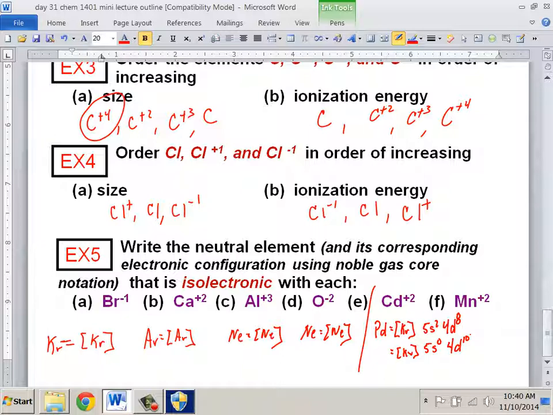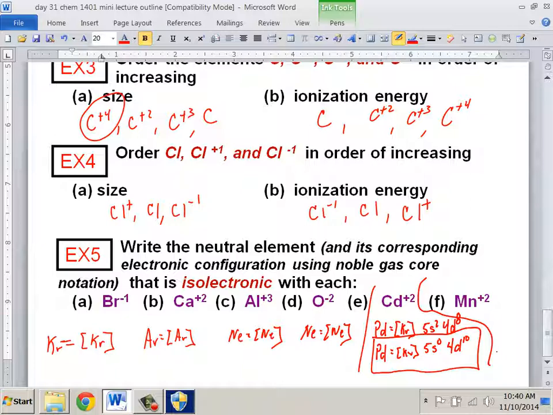Play the same game for manganese 2. So what did you get for manganese 2?